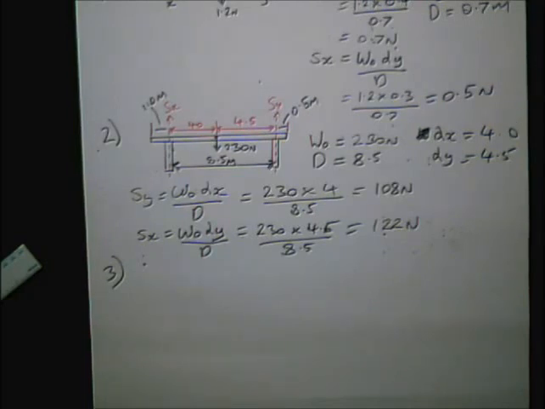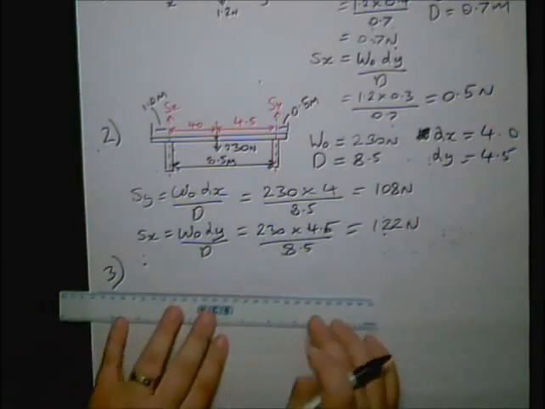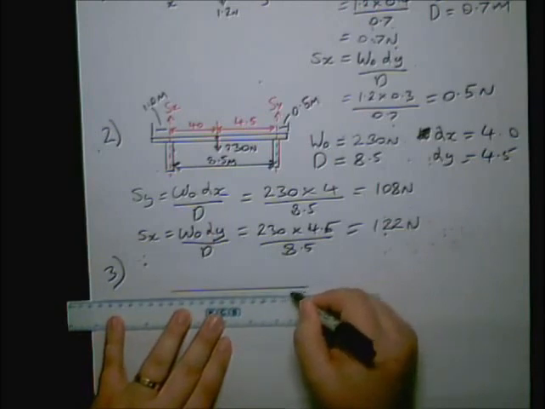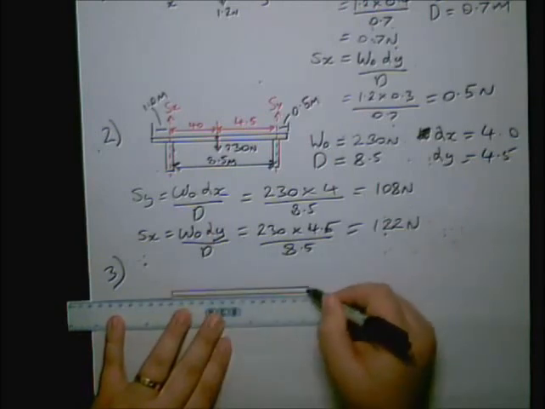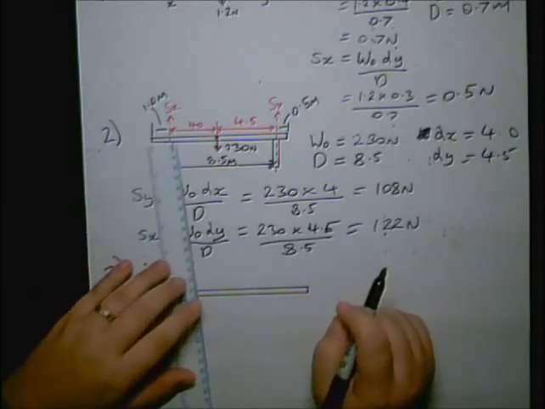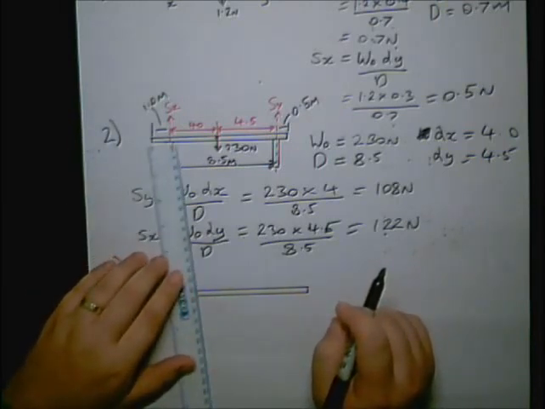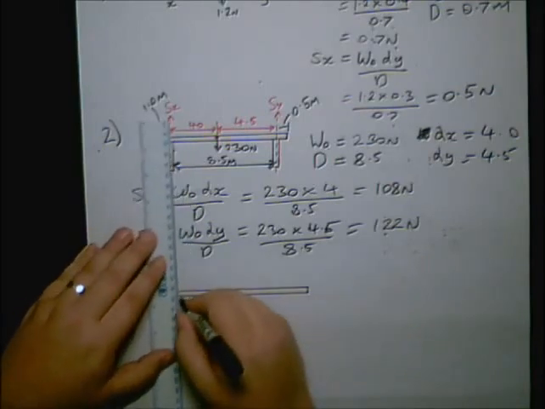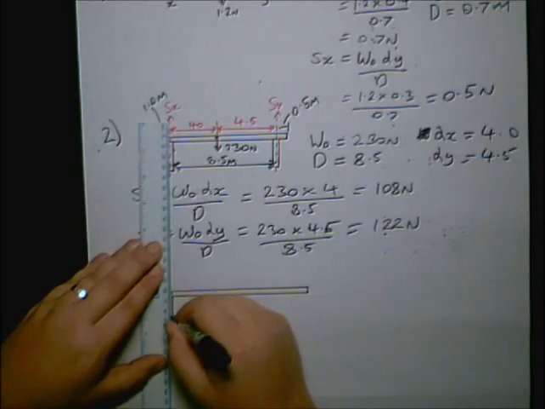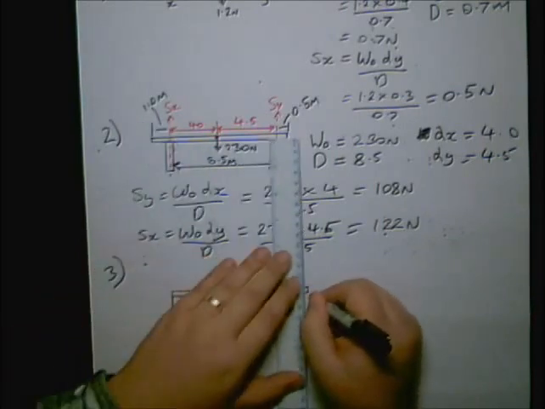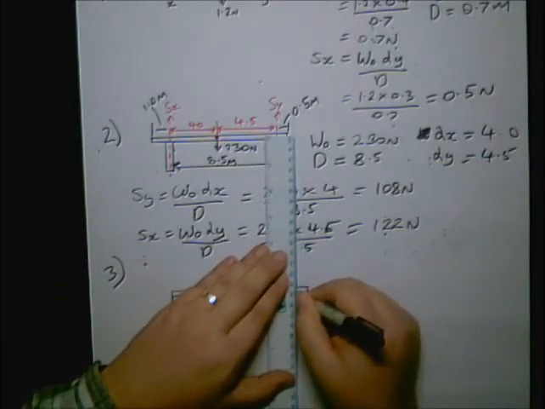So we need to draw a diagram again here. We have our bridge, our span. Okay, that's supported by supports that are 1 meter wide at each end, and they sit directly under the end. This we can get from the diagram.